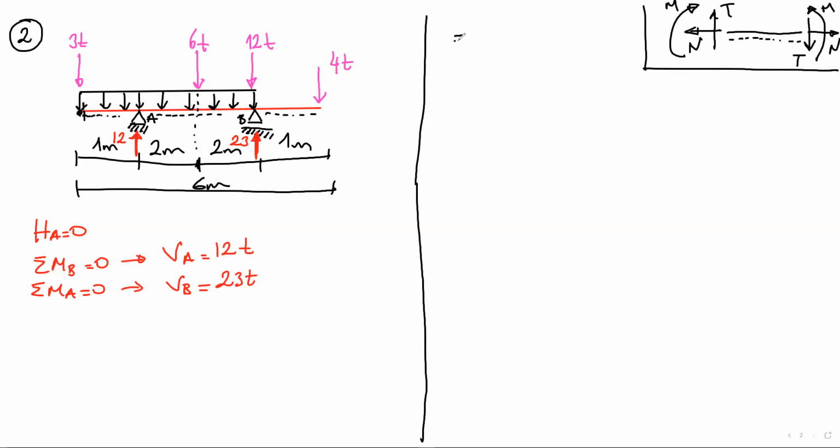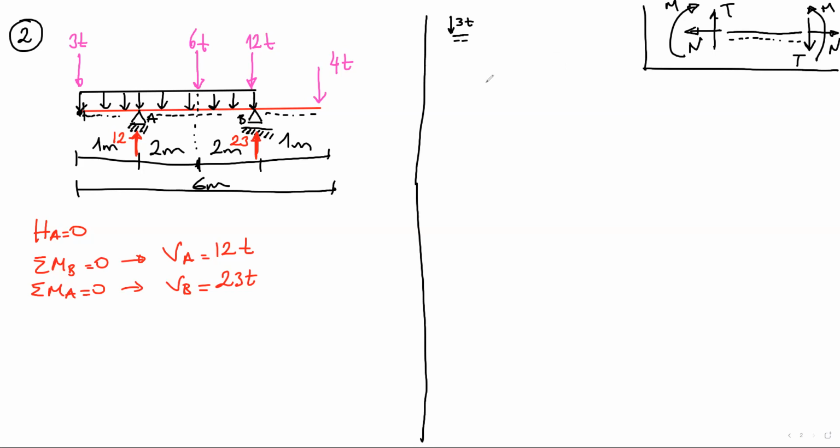It's like this. Here at the end, what I have is 3 ton. Since this is so short, the uniform distributed load doesn't have an effect. Actually, I'm cutting so close to this point load to see the start shear force here.